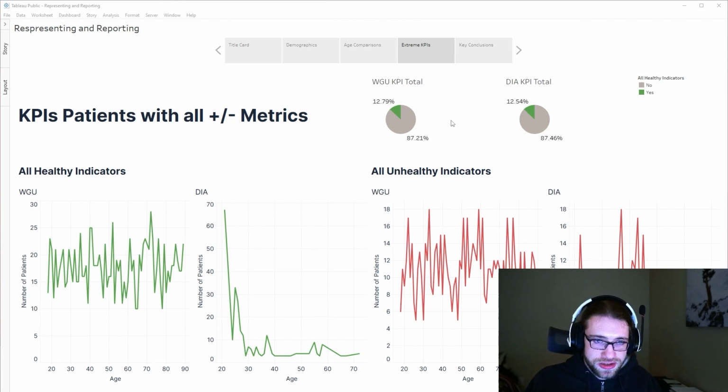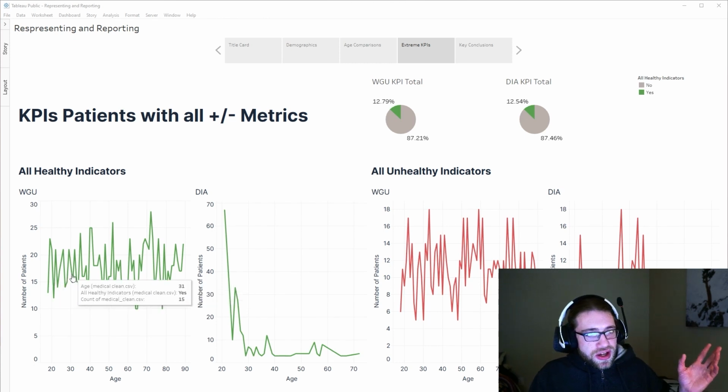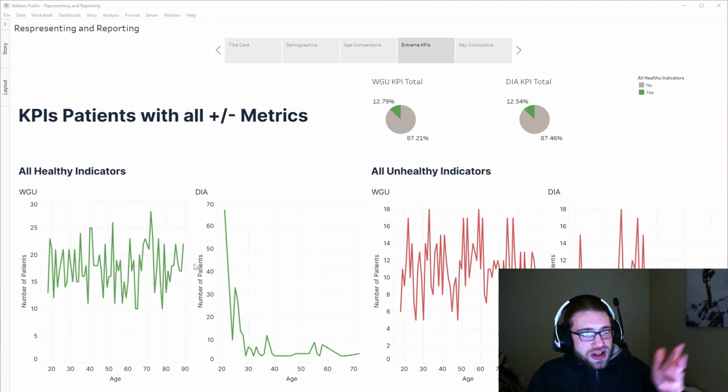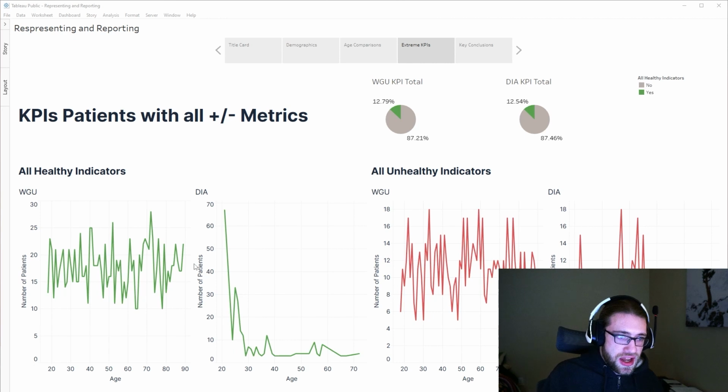On the left here, we have the all healthy indicators spanning out over age. What you'll notice is we have a very even distribution of all healthy patients.